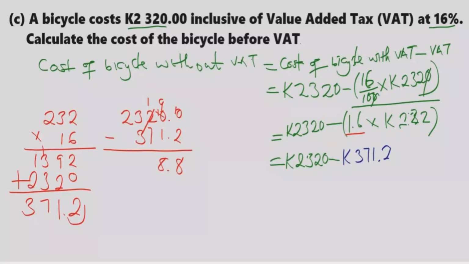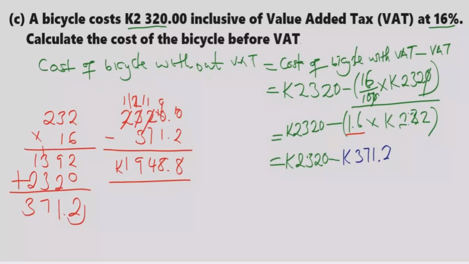Then 1 minus 7, it can't, we borrow 1 from 3, we remain with 2 here, then here it's 11, 11 minus 7 will give us 4, 2 minus 3, it can't, we borrow 1 from 2, it becomes 1, then we put it here, it becomes 12, 12 minus 3 will give us 9, then 1 minus 0 will give us 1, and this is the amount that the bike was bought without VAT.